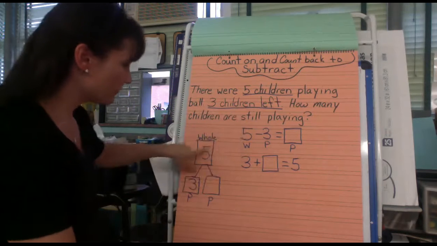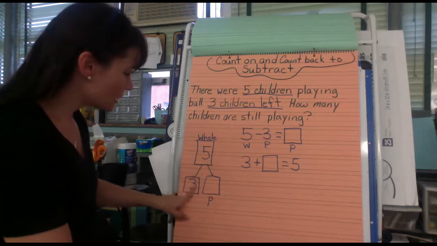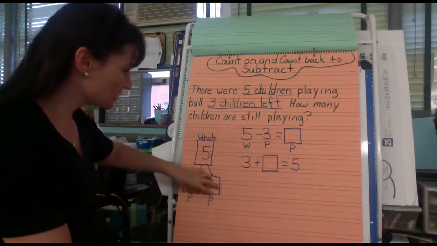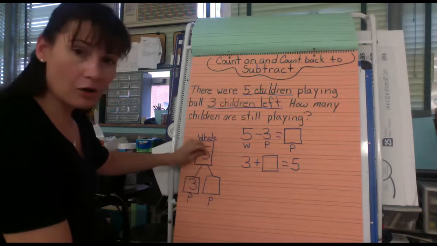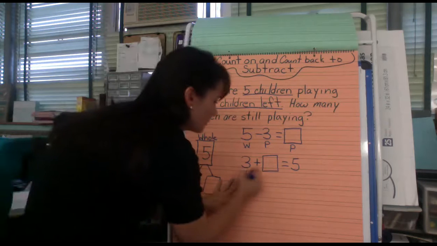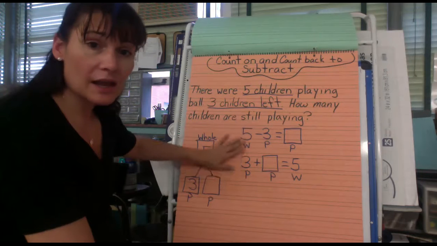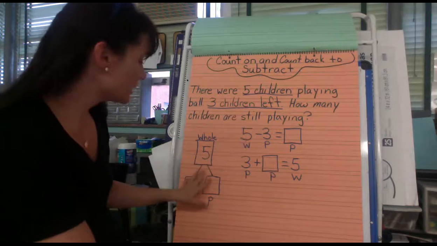Because 5 minus 3 equals the other part, and 3 plus this part puts together to make my whole. So now I have an addition and subtraction problem that can help me solve.